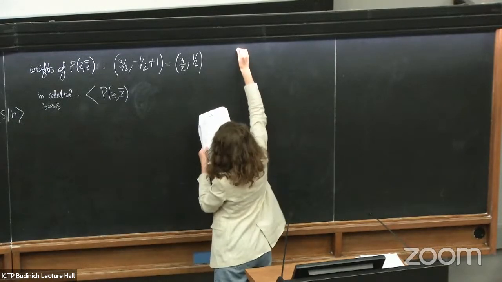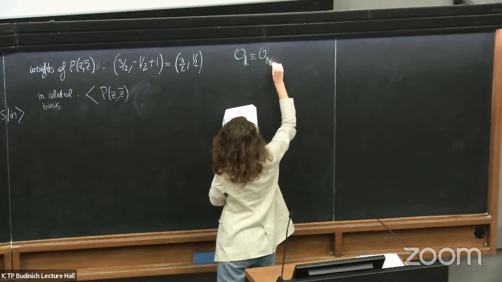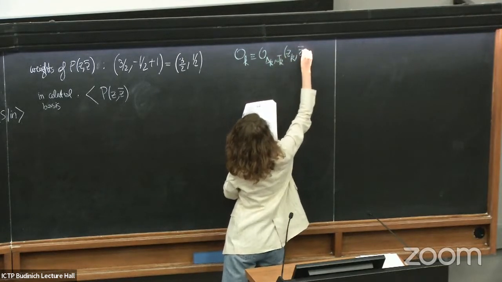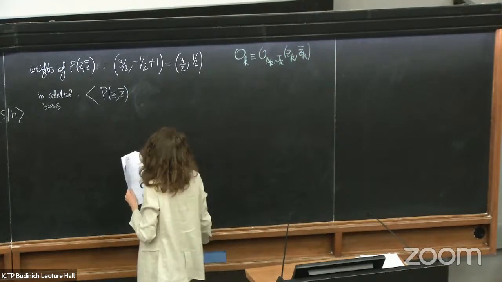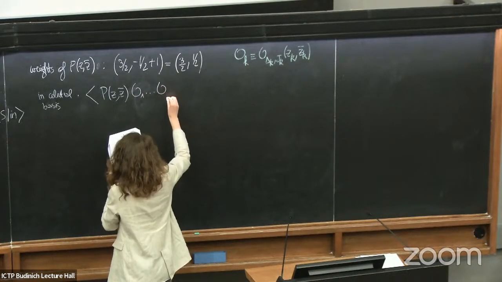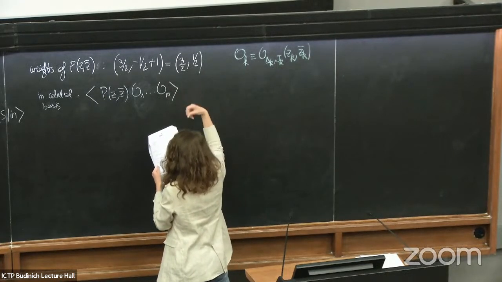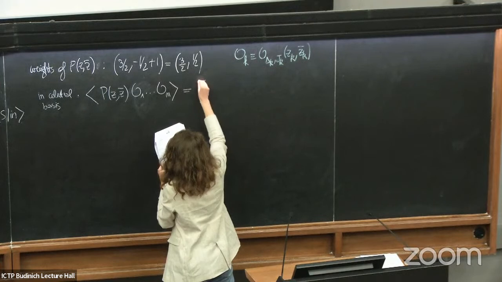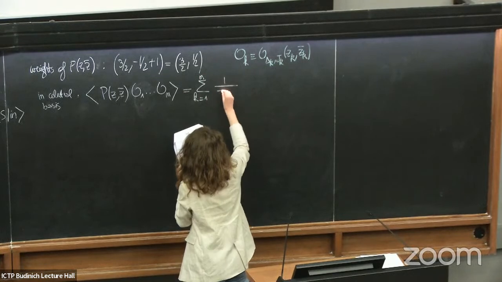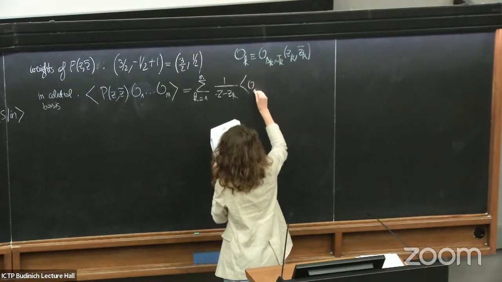So let me use this shorthand notation, which will carry all the labels of the celestial operators. If I insert this current into a celestial amplitude, now interpreted as a correlation function on the celestial CFT, I will just obtain that. So I'm just doing a Mellin transform.